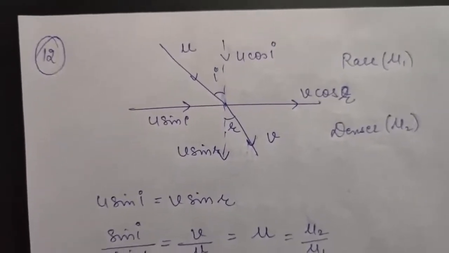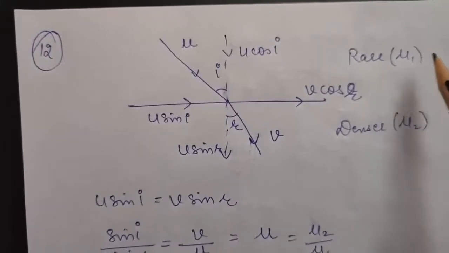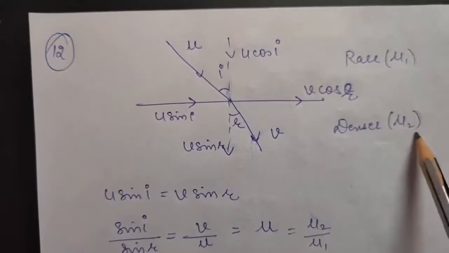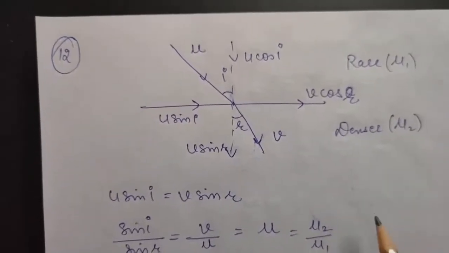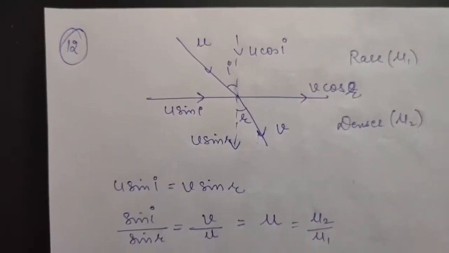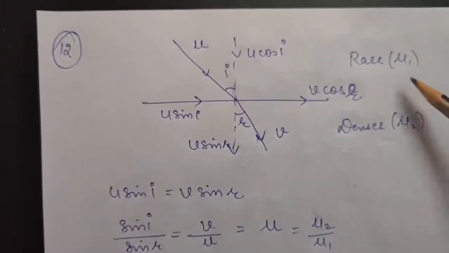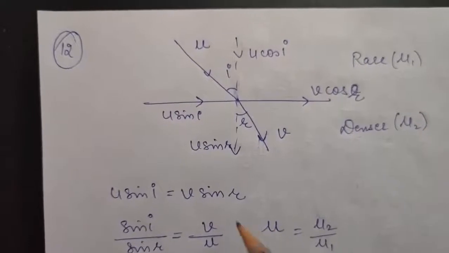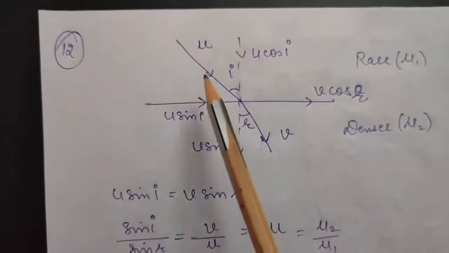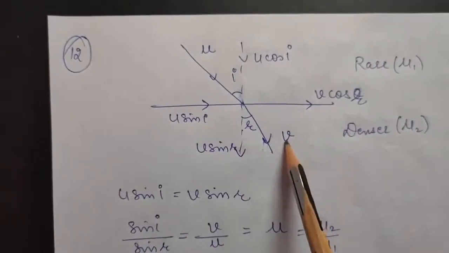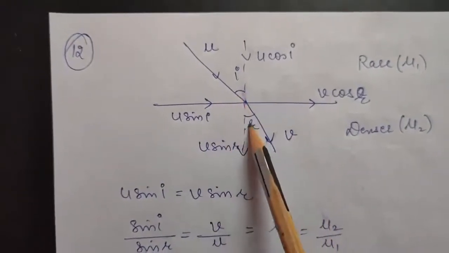So for that, let us take a rarer medium of refractive index mu1 and a denser medium of refractive index mu2. Now we will be using Newton's laws of motion, and we will be seeing what the velocities in these two mediums come out to be. Let us suppose the incident ray is coming with a velocity u and the refracted ray has a velocity v. This is your angle of incidence, this is your angle of refraction.